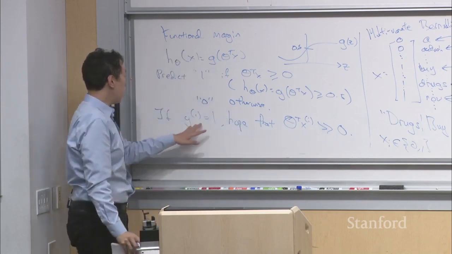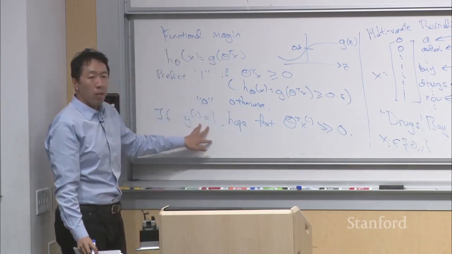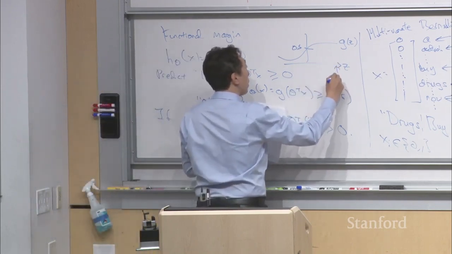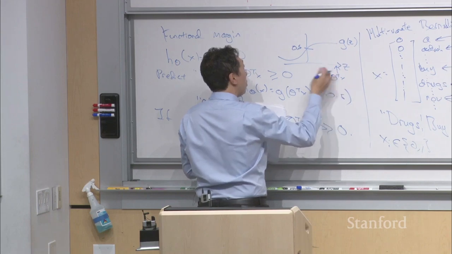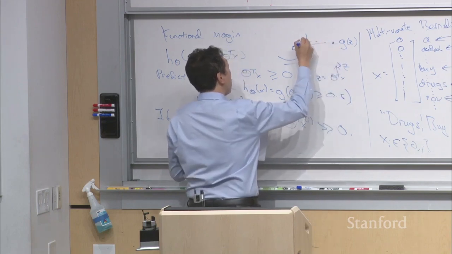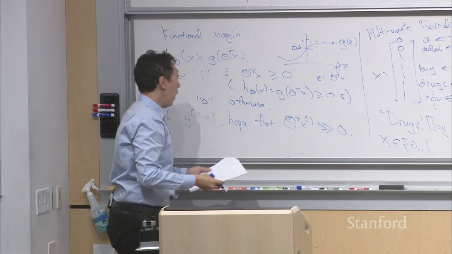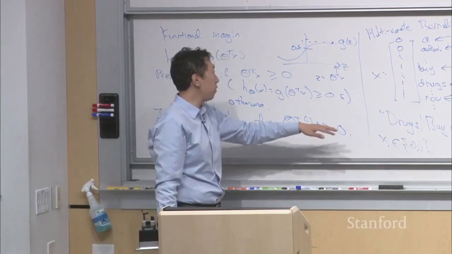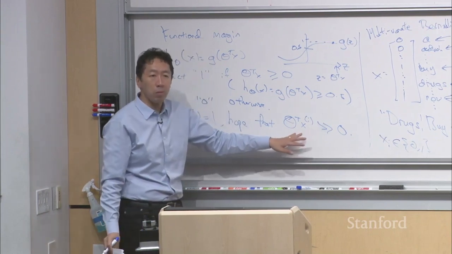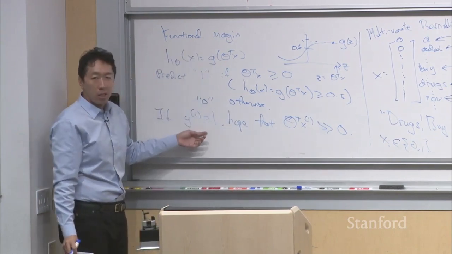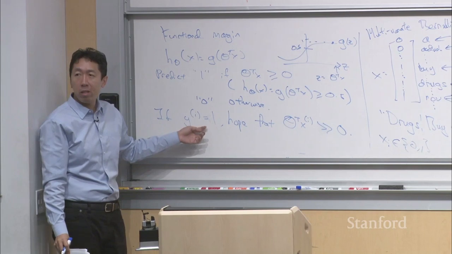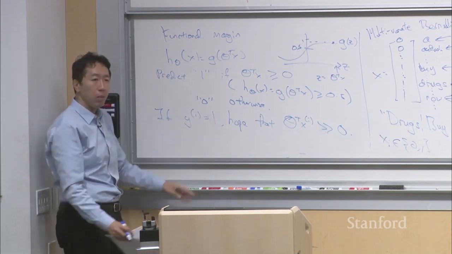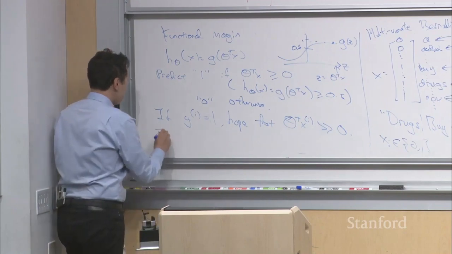Because if the true label is 1, and the algorithm is doing well, hopefully theta transpose x will be far to the right, so the output probability is very close to 1. And if theta transpose x is much greater than 0, then g of theta transpose x will be very close to 1, which means it's giving a very accurate, correct and confident prediction that the label is 1.